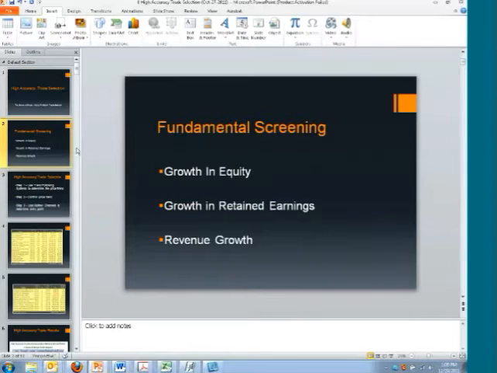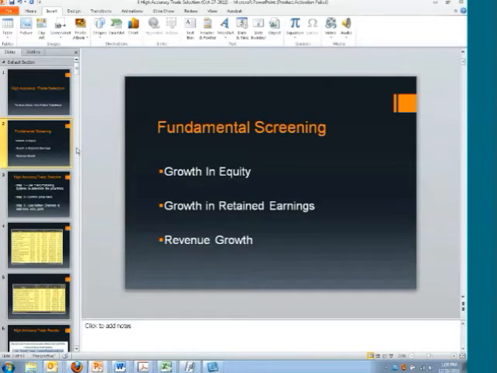When I am selecting a stock to purchase, or to purchase a call option on a stock, I go through a screening process that starts with fundamental screening, and I'll take a look at a company's growth in their stockholders' equity, and I found that to be a great indicator of growth for a company if they're growing their stockholders' equity at a fast pace.